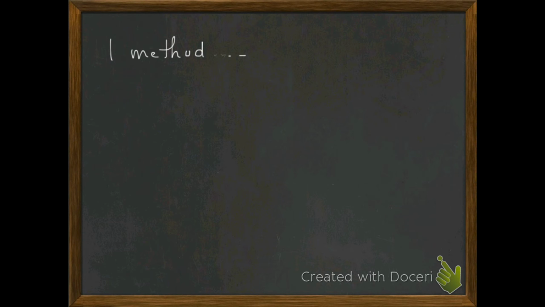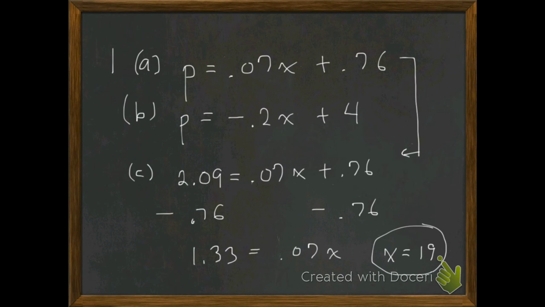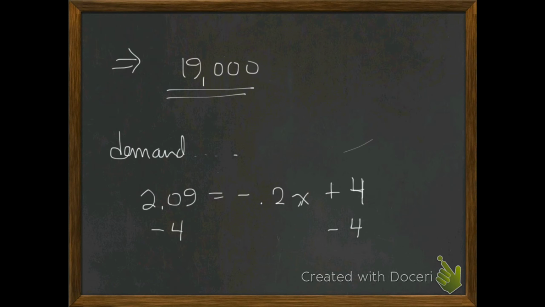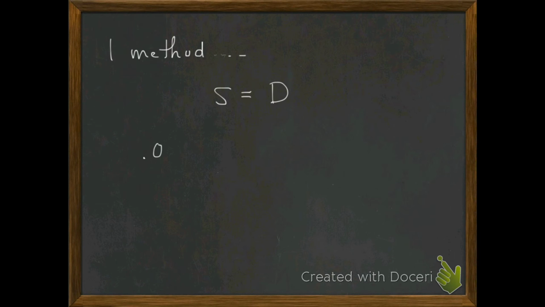One way we could find this, for those of you that like to do things by hand, is set the supply equal to demand and solve. So remember the supply was 0.07x plus 0.76. And the demand, pretty sure I'm right on that, yeah.